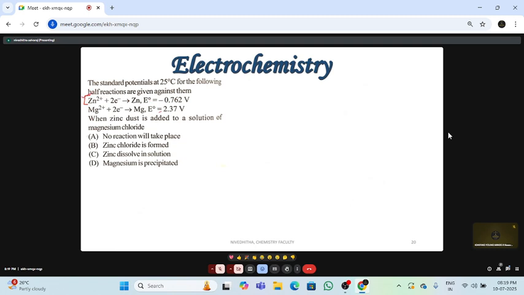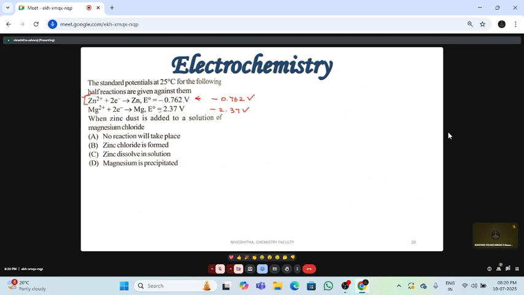So this is the reduction reaction, so this is the reduction potential. The reduction potential is minus 0.762 volt. And here also this is the reduction reaction and the value given here is reduction potential, and the value is minus 2.37 volt. Here it is a typo; I've given the minus symbol here. So it is minus 2.37 volt.